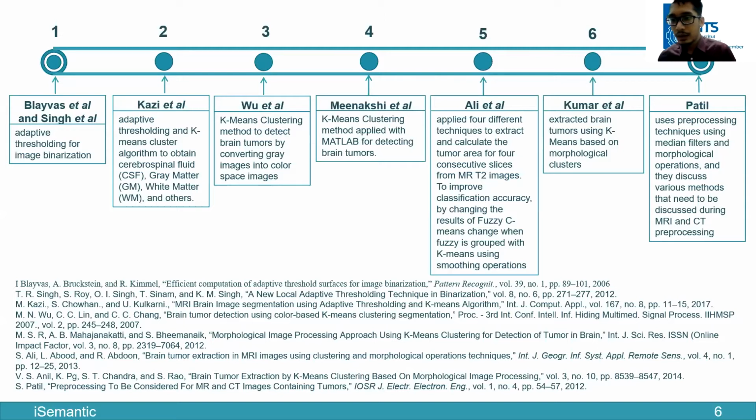Then Kumar et al. extracted brain tumors using K-means based on morphological clusters, and Patil used preprocessing techniques using median filters and morphological operations, and various methods that need to be discussed during MRI and CT preprocessing.